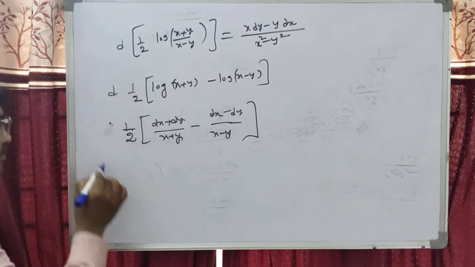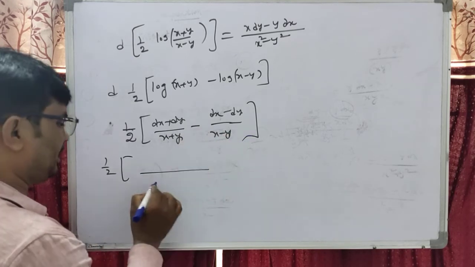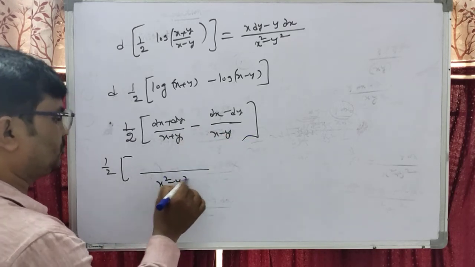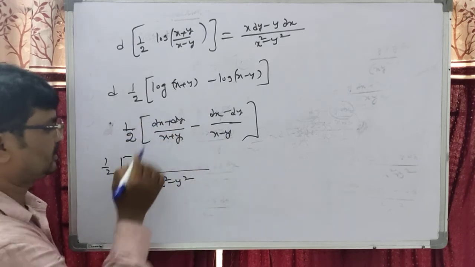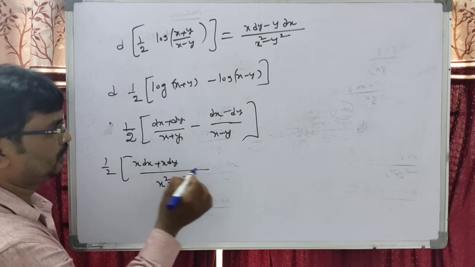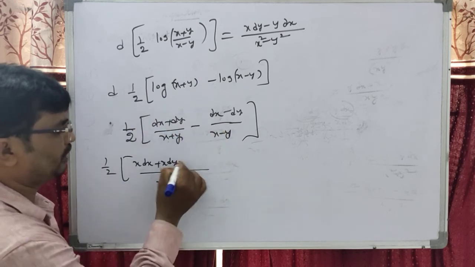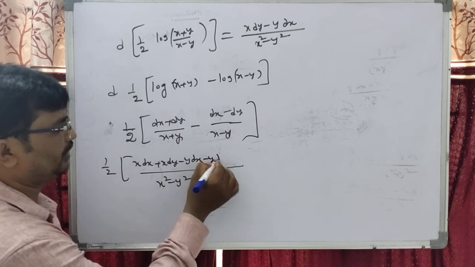We can take the LCM, which is a plus b into a minus b, a square minus b square. First we multiply with x: x dx, x dy. Now we multiply with minus y: minus y dx, minus y dy.